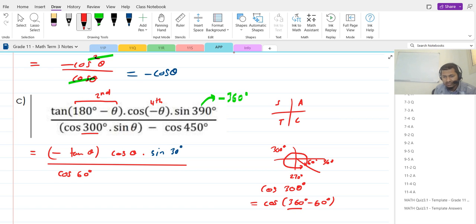So cos theta, this is like your theta now, so it's cos 60. And then we have sine theta remains the same, minus what's cos 450. So we are going to take away a revolution. We're going to take away 360 from here, and 450 minus 360 is cos 90.